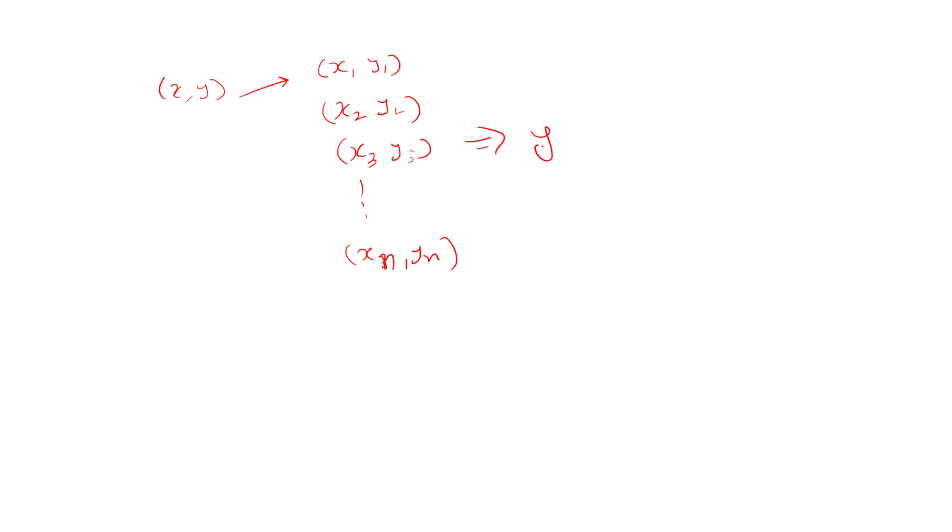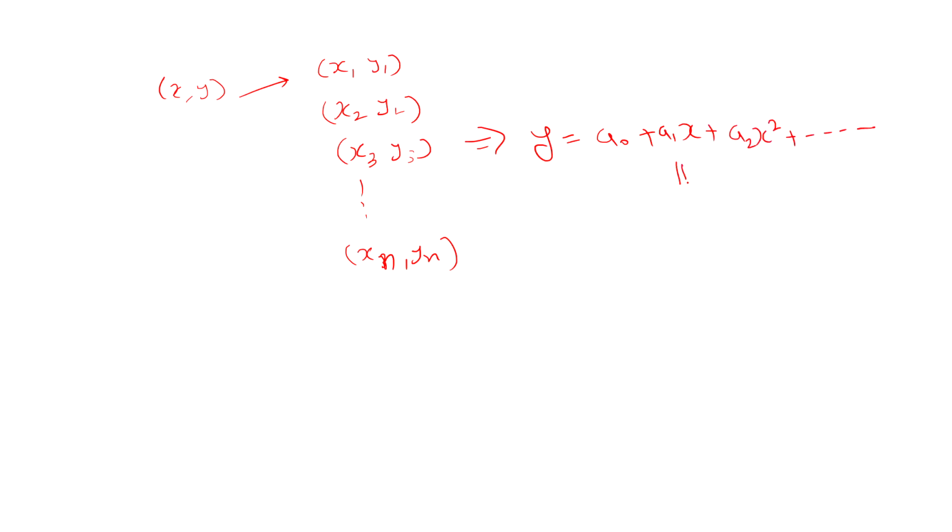So I have this data that is x and y, which is x1 y1, x2 y2, x3 y3 and xn yn. So this is my data set. Now with linear regression, I want to represent this data set as y is equal to a0 plus a1x plus a2x square plus so on and so forth.